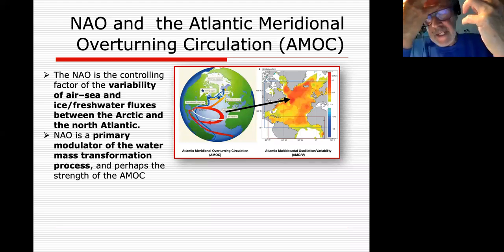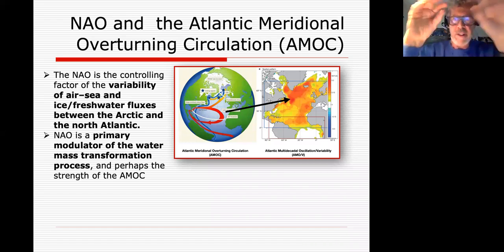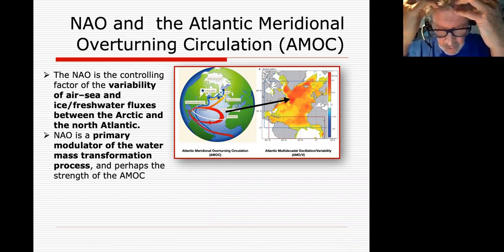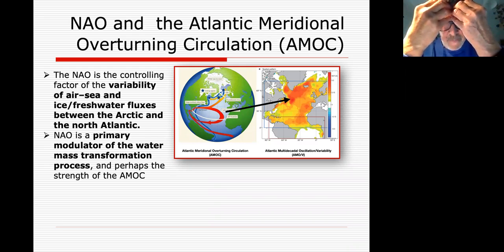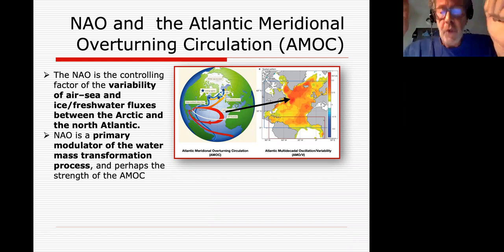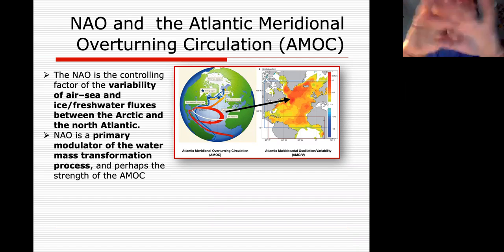But in essence, we have a surface water warming the northern atmosphere. The surface water loses temperature. The heat content fluxes are outgoing. The water gets denser under the local atmospheric condition.